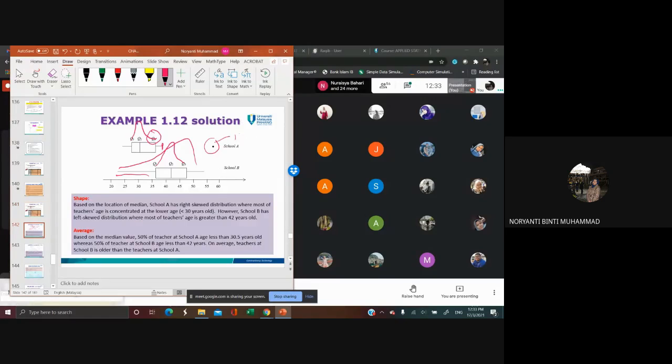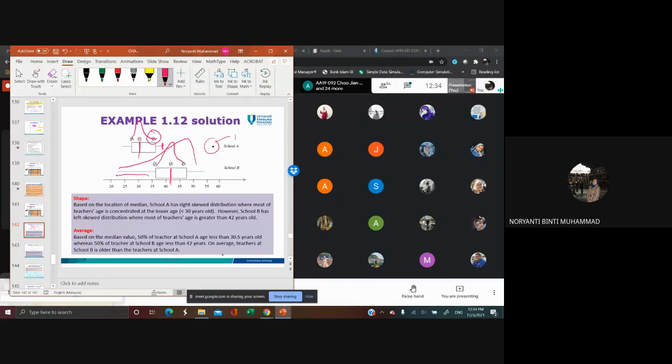Okay. And then how to interpret? So first, when you have a box plot, you interpret the shape. From the shape, you know whether it is skewed to the left, skewed to the right, or symmetric. That is shape. And then average, if you learn measure of central tendency, or we call it average too, you can see that we have the median here. So median is one of the measurements that we use to measure the average or the central tendency.